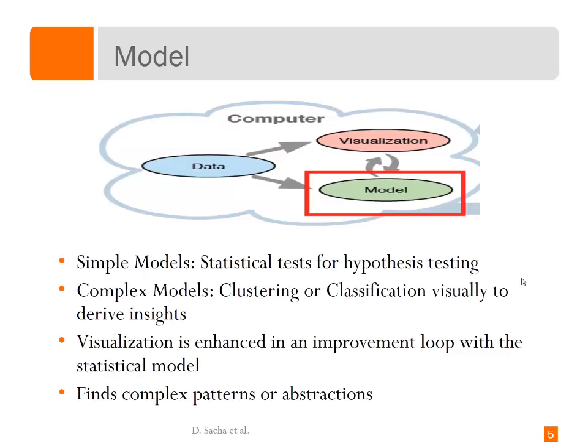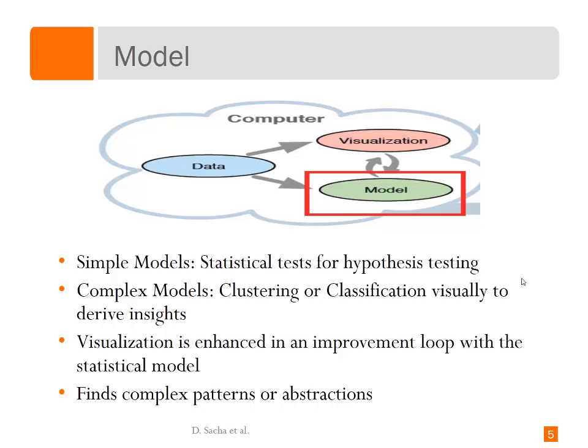So once we get our data figured out, we then move on to the model. And we can have lots of different kinds of models. We can have simple models, statistical testing, testing hypothesis. We can also have more complex models, so clustering, classification, and we can also use the output of those visually to derive insights. Visualization and its integration with the model is an enhancement.